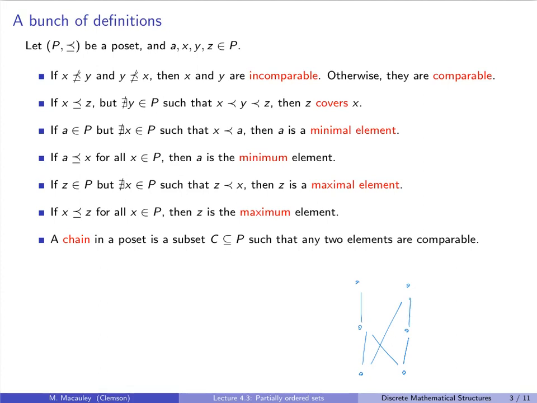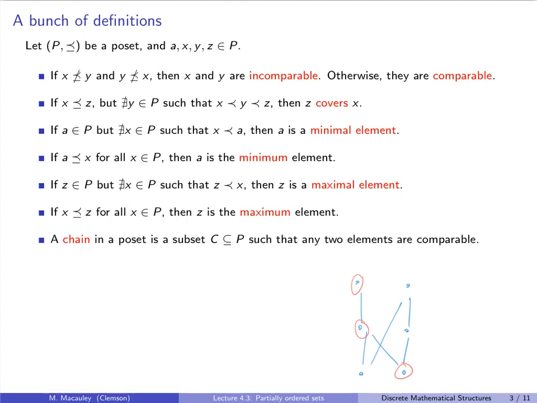Any element is in a chain by itself. A size 2 chain is a collection of two elements that are comparable. So there's an example of a size 2 chain. I can throw in this element, and now I have a size 3 chain. These elements are all comparable pairwise. And in this example, that's all I can do. There's not going to be a larger chain.